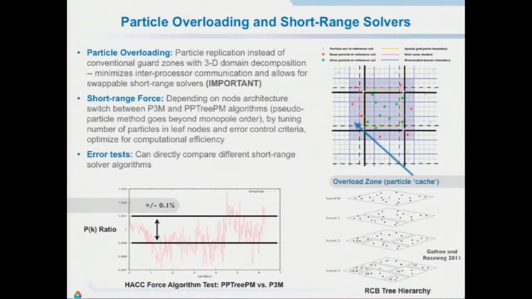Because to first order, compute is free. So you can over-compute to compensate for moving data around, right? That's one reason. The second reason is that this allows us to make the short-range solver completely local. It doesn't do any communication. That's taken care of by the overall communication framework.